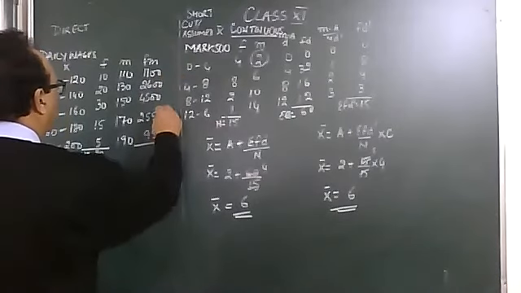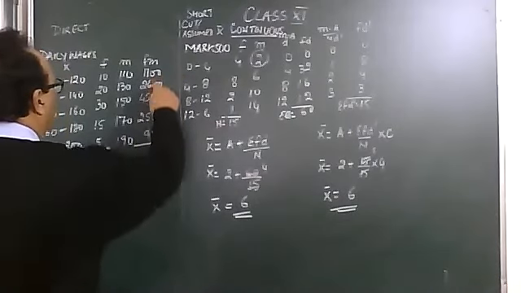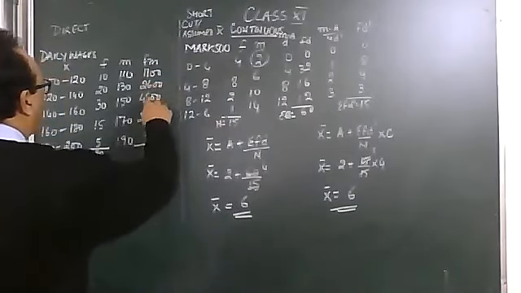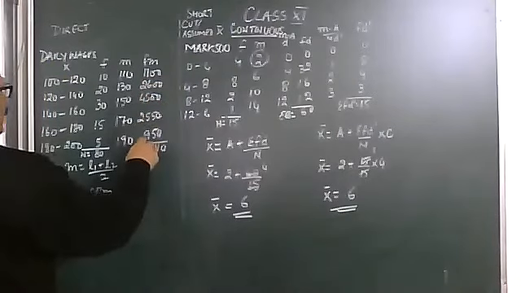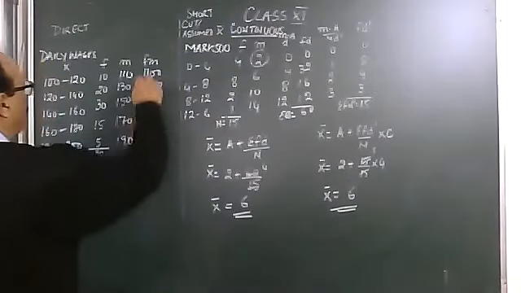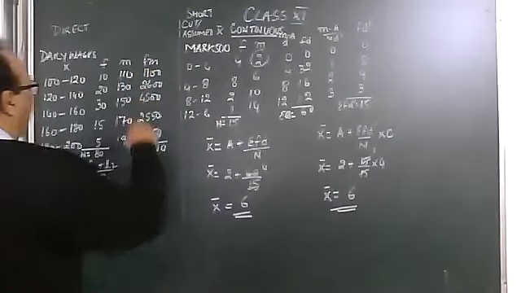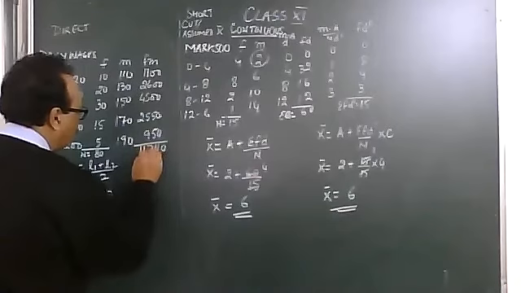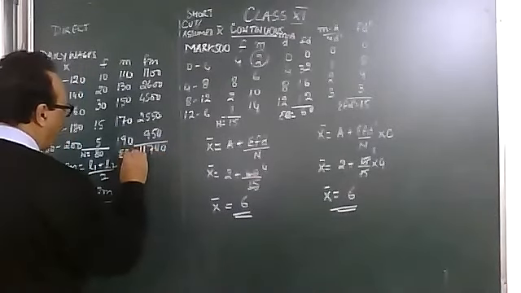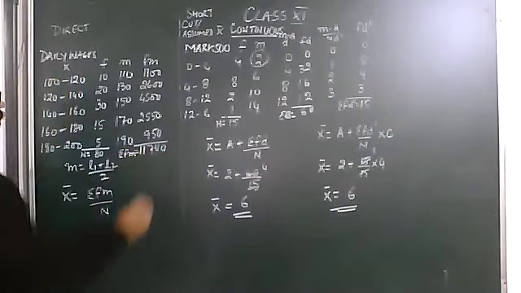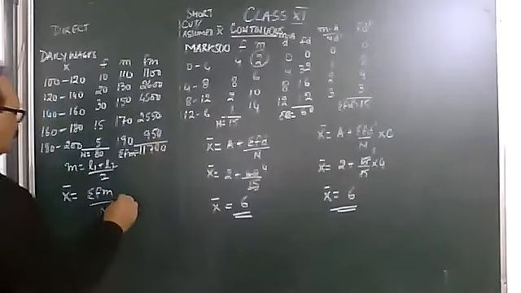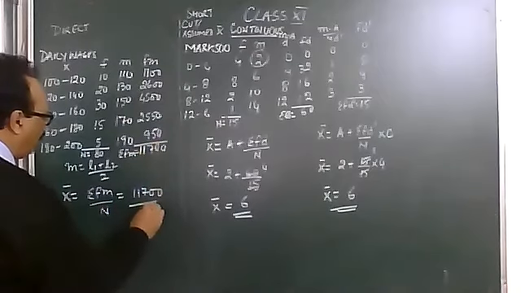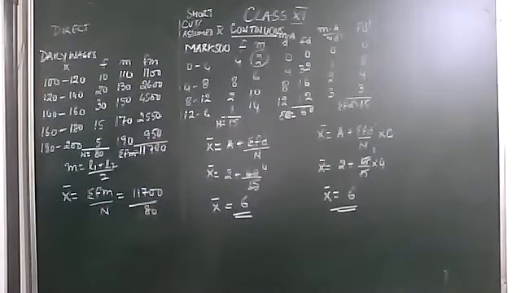Sigma Fm is equal to 11,700. Substitute the values: 11,700 upon 80.